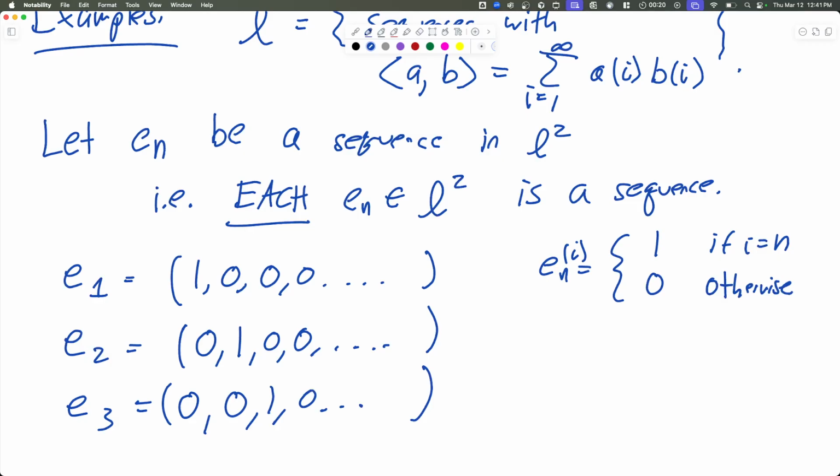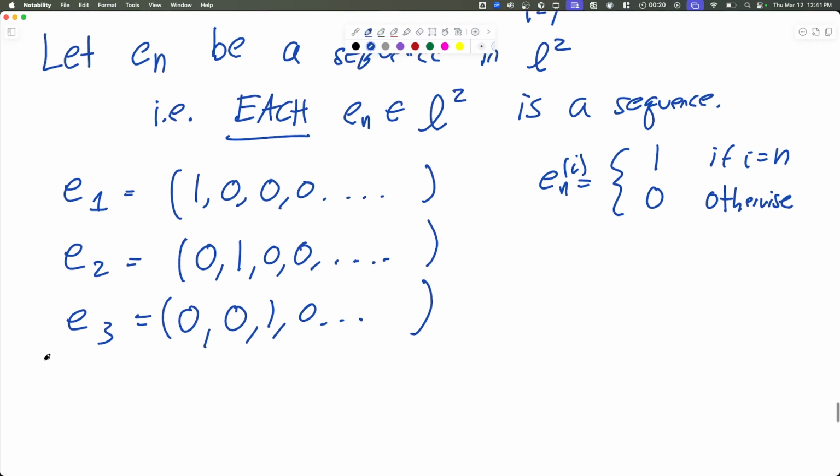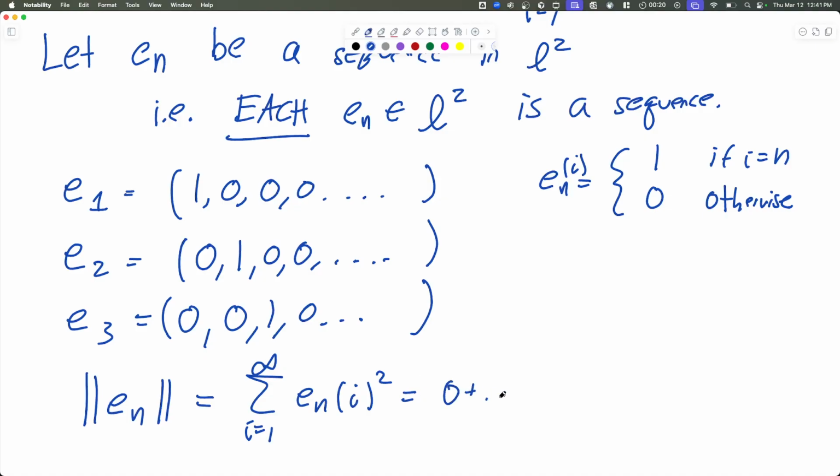You might remember that the norm of En is always 1. The norm of En is the sum of the squares of the entries, and En has exactly one 1 and all zeros. So this infinite sum is infinitely many zeros, and then there's one 1 that you add up. And so it's always 1.